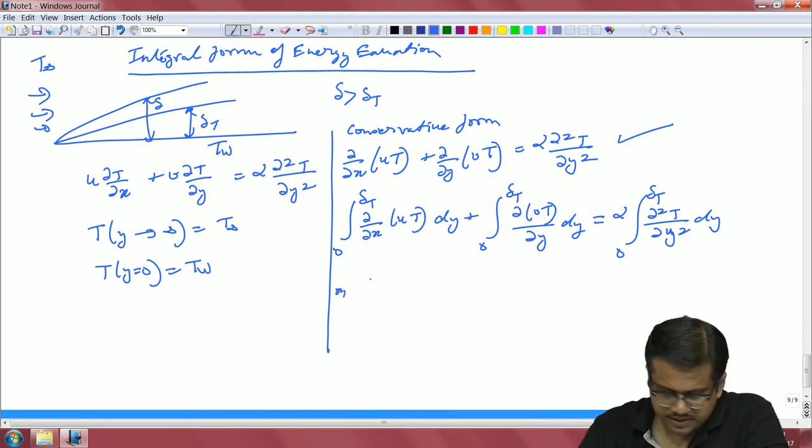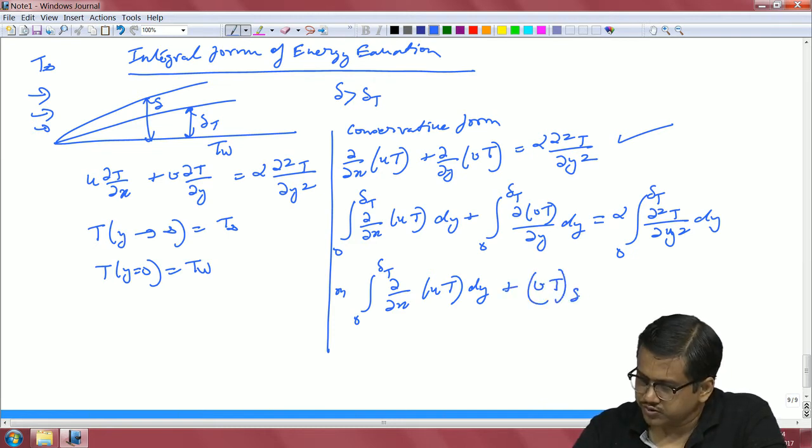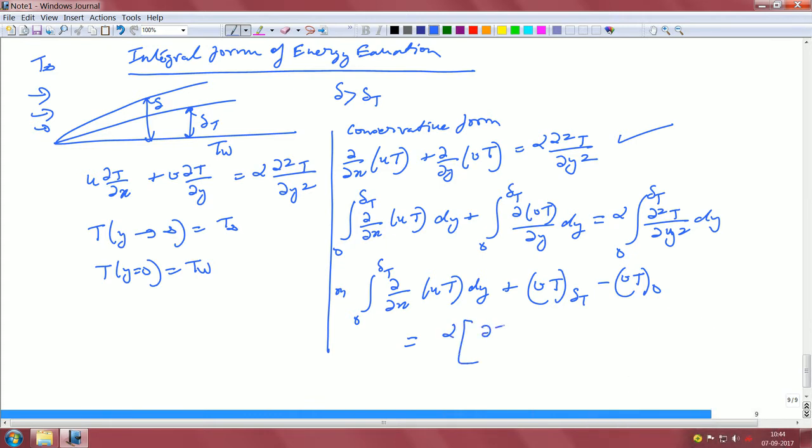Once that is done, this is equal to 0, which is true because we are not considering suction and blowing.